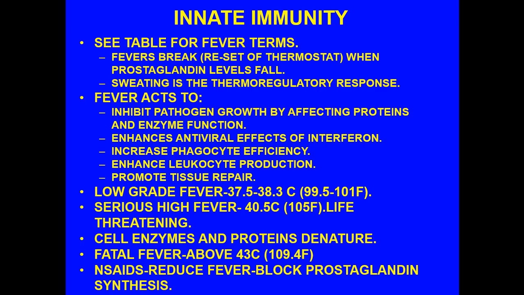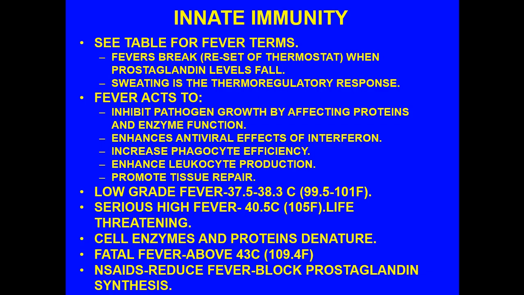Now, there are several different types of fever. Low-grade fever, I'm going to keep you on the Fahrenheit terminology, okay? So instead of saying everything in Celsius, I'll keep the Fahrenheit, but Celsius you can see is 37.5 to 38.3.